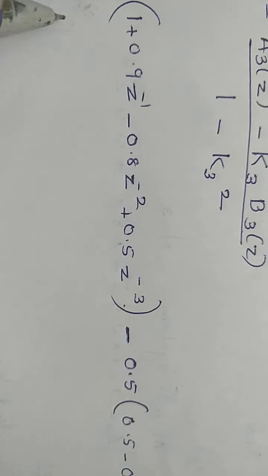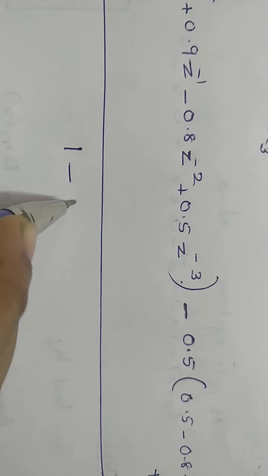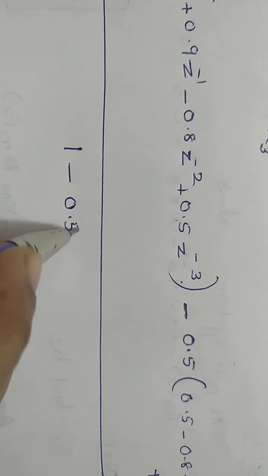That whole equation is divided by 1 minus k3 square, where the k3 value is 0.5 squared.